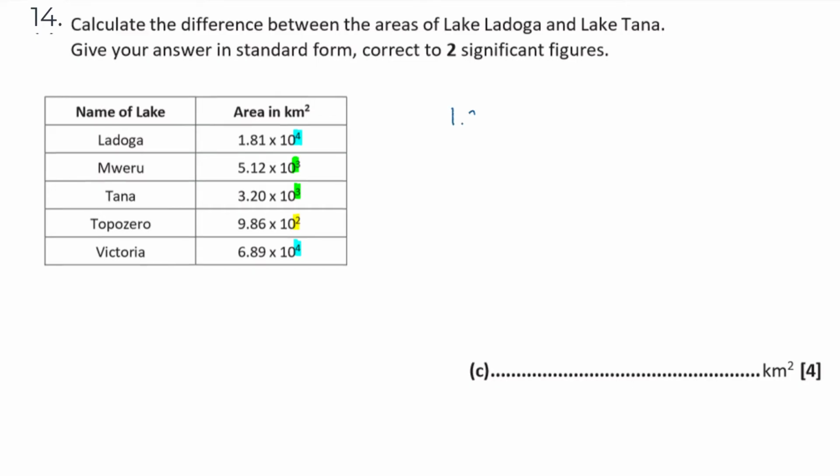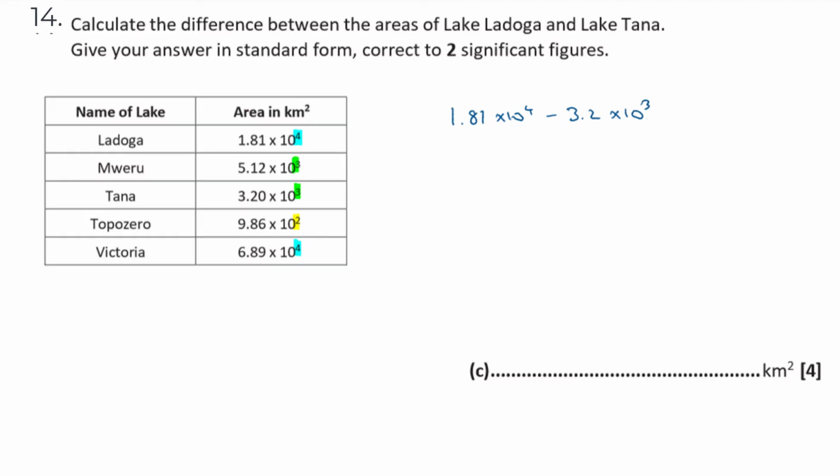So that's going to be 1.81 times 10 to the 4 subtract 3.2 times 10 to the 3. Okay. Now, it's a bit hard to subtract numbers when you've got these different powers on the end.